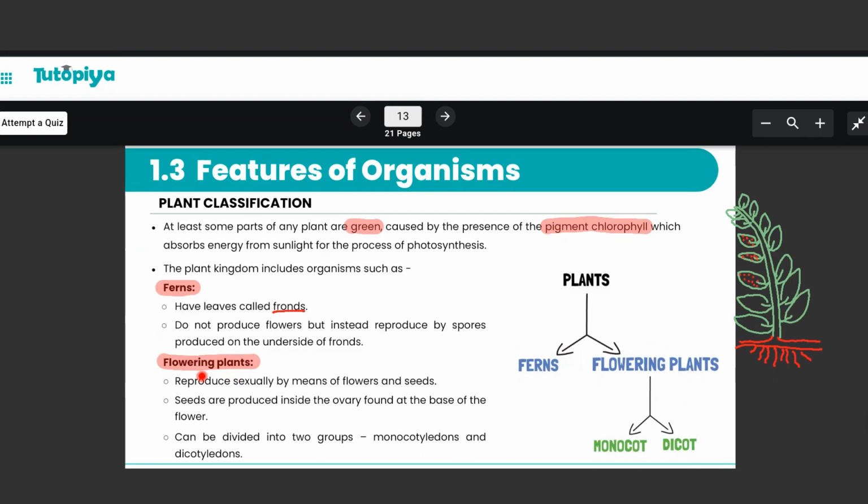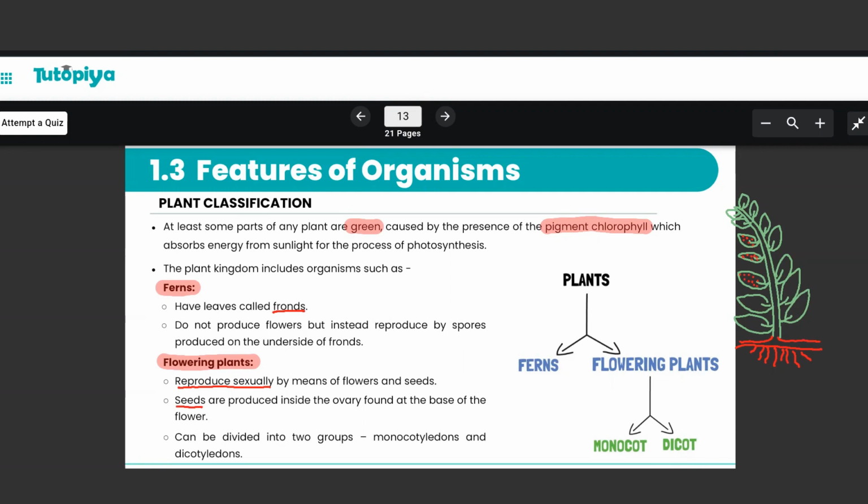All of these plants have flowers on them, so they are able to reproduce sexually by means of these flowers. The flowers are the reproductive structures of the plants, and fertilization happens within the ovary of the flower, and that ultimately produces a seed which can give rise to a new plant.